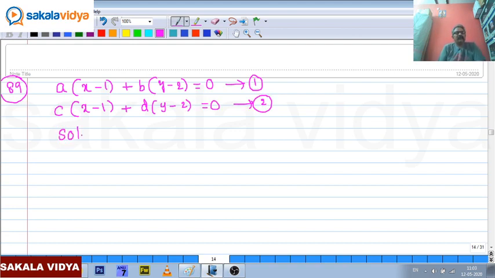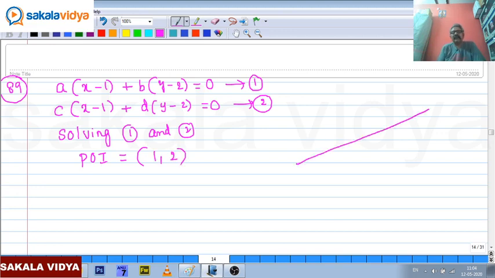Solving 1 and 2, because they are intersecting lines, put x is equal to 1, y is equal to 2, both will be satisfied by 1 comma 2. So the point of intersection is 1 comma 2. That means these two lines are intersecting lines.